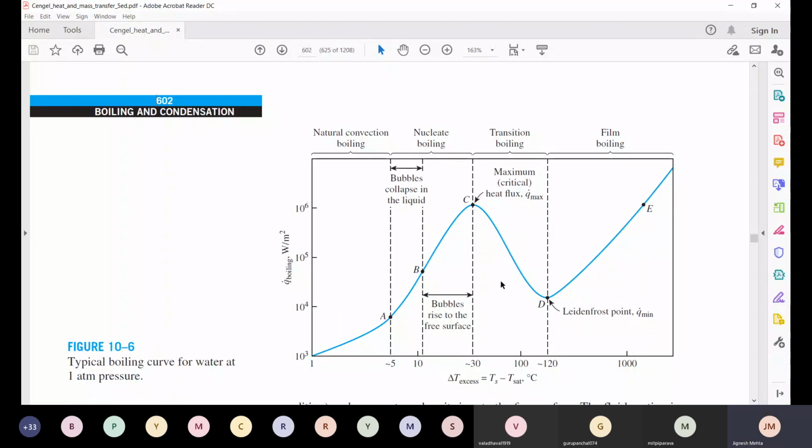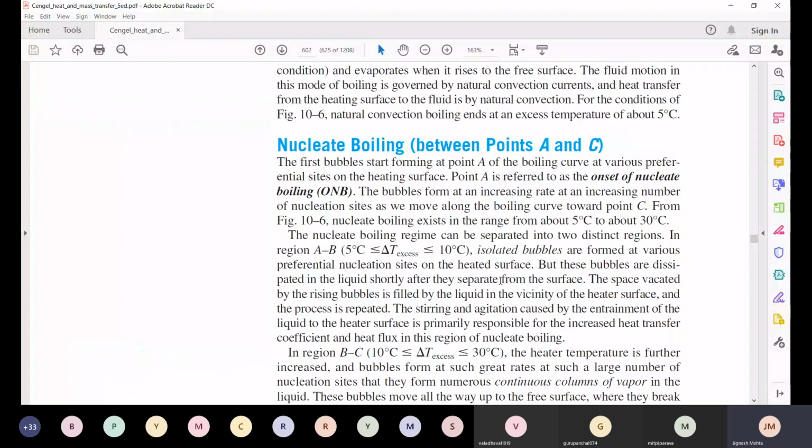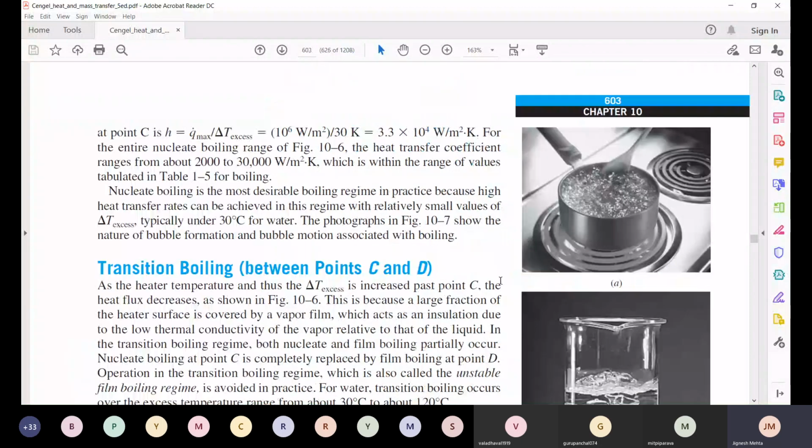So this is about how one can perform the experiment, and how one can get the full curve. Different regimes of boiling have been discussed. From an application point of view, one would always like to work in the nucleate boiling regime, right?